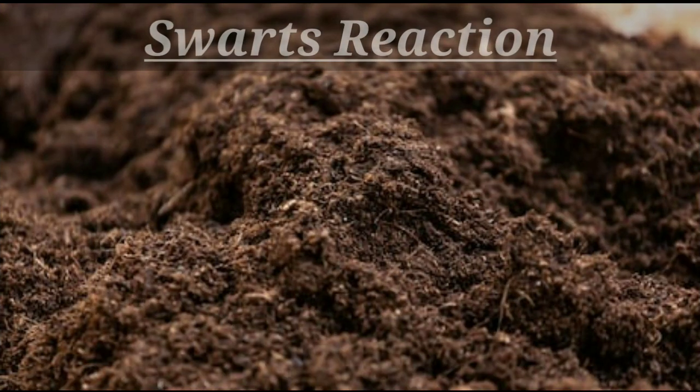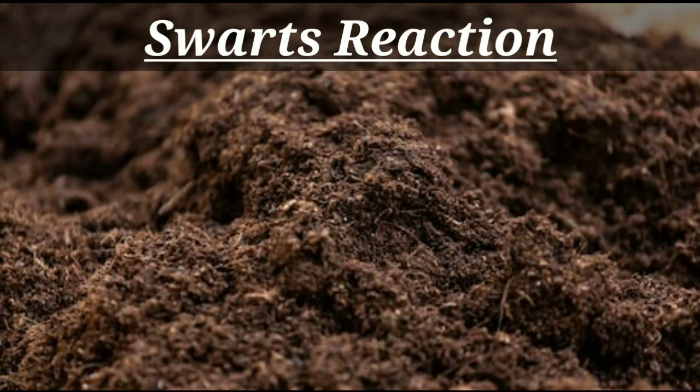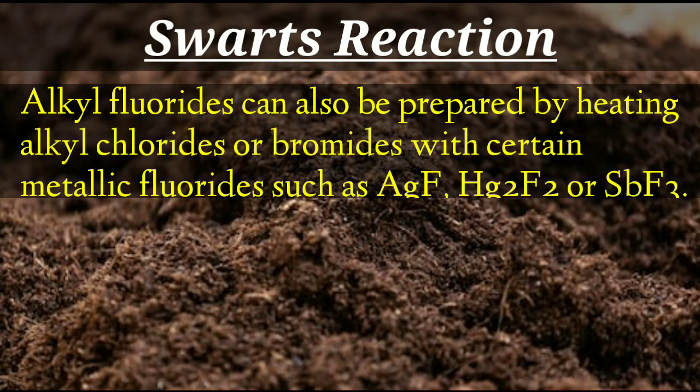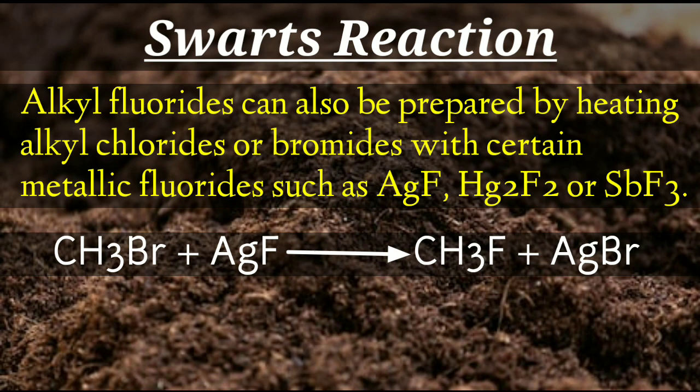Next, another halide exchange method, the Swarts reaction. This reaction is meant for the preparation of alkyl fluorides, which can be prepared by heating alkyl chlorides or bromides with certain metallic fluorides, such as fluorides of silver, mercury or antimony. Remember, the reactants are alkyl chlorides or bromides, whereas the product is alkyl fluoride.